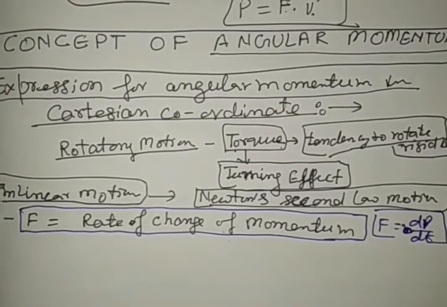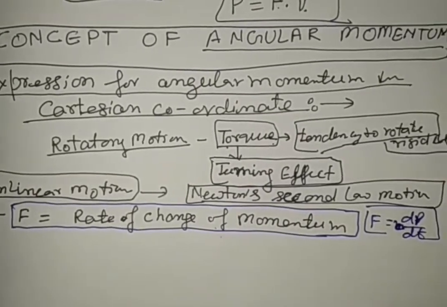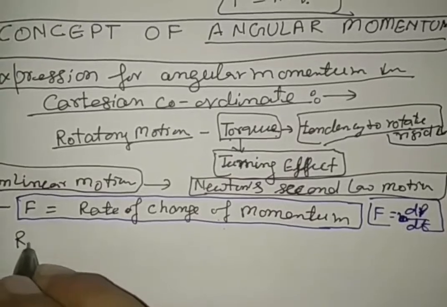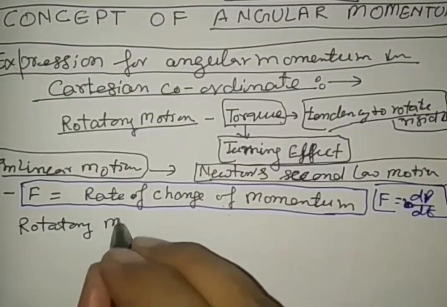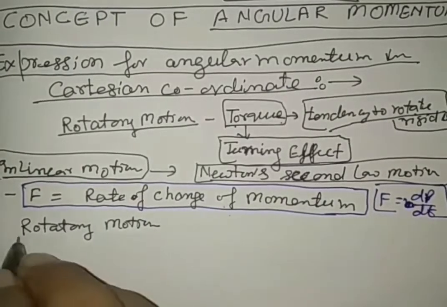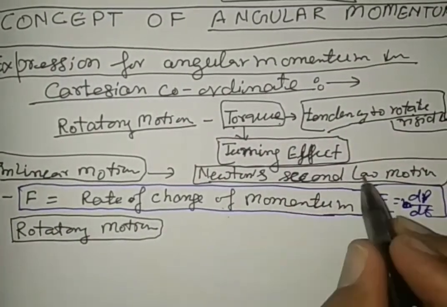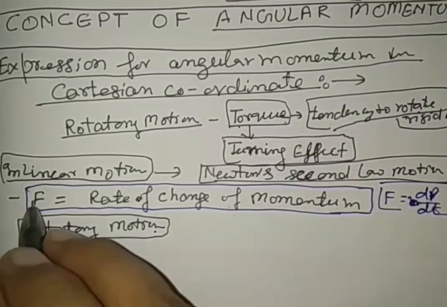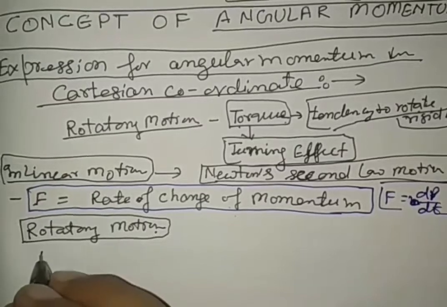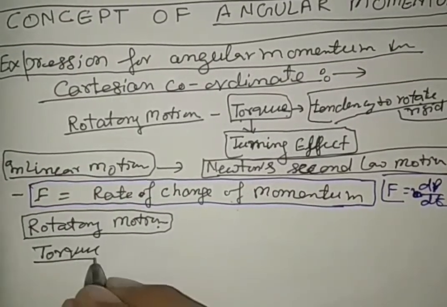But we are not in linear motion. We are in the chapter rotatory motion. When we want to see the shape of Newton's second law of motion in case of rotatory motion, in place of force we use the word torque.